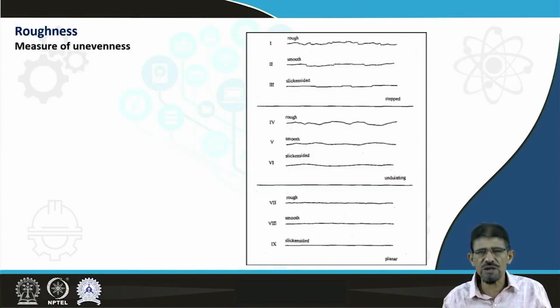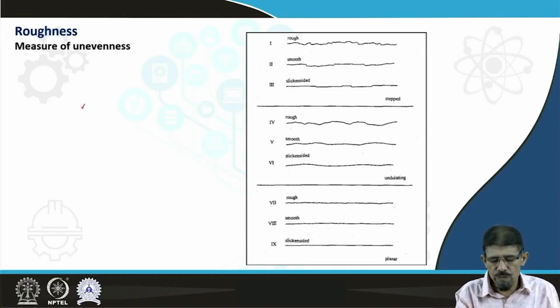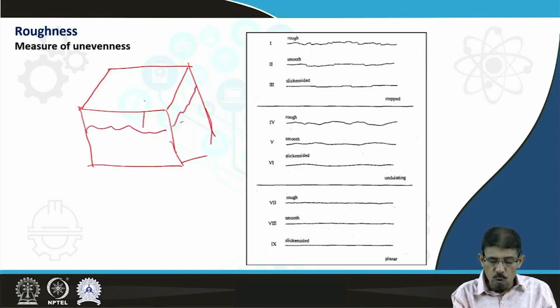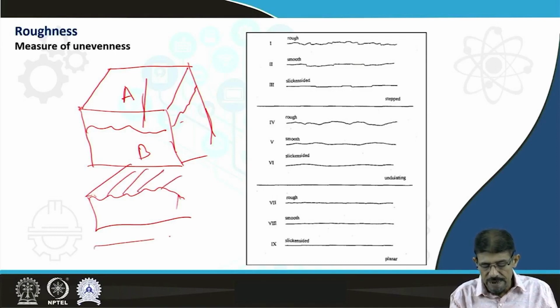And then next is a very interesting thing. If you are going to open any joint surface, here I try to draw with the help of a rough cartoon. If you open this A part from the B part, then you can see different types of features present on the surface of the joint. It may be this type, it may be linear type, it may be very erratic type.